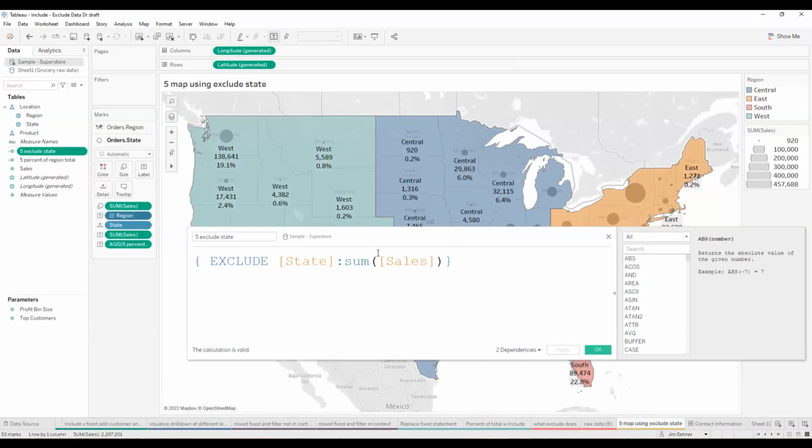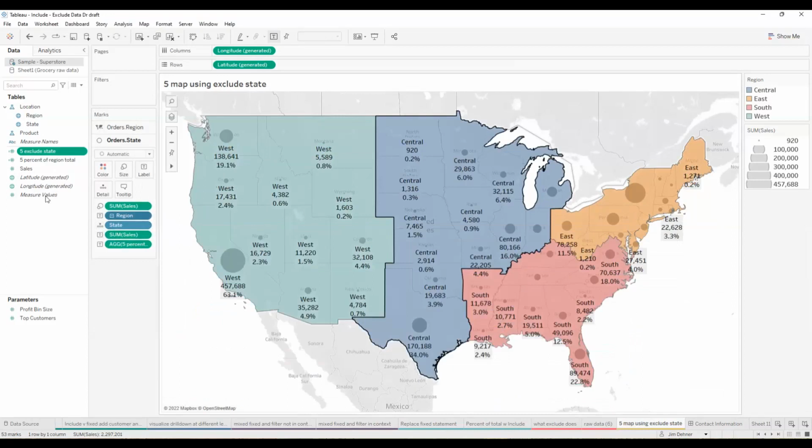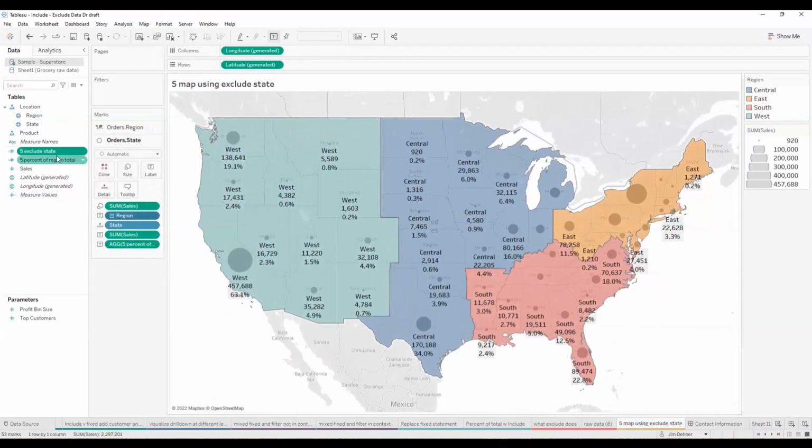Okay, and if we put that, we can now see. Excuse me. I want to bring this guy down in here. And I want to put him in there.